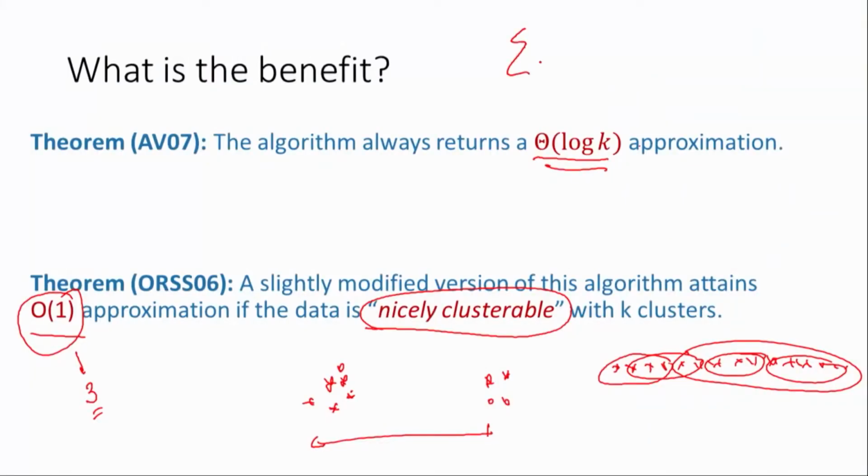This cost function is the k-means objective function, which I should just write down. It is the summation over all x of the min over c of the squared distance between x and c. This is the cost that we're talking about. And I don't care what the value of this cost is. The algorithm doesn't know the optimal value of the cost. However, it is guaranteeing you that whatever the optimal solution and the corresponding cost, you're not going to be too far off from it.